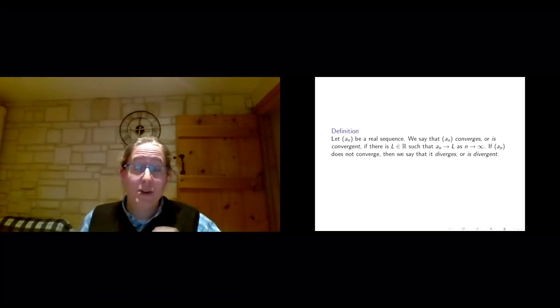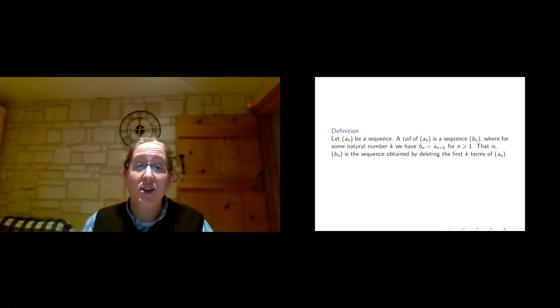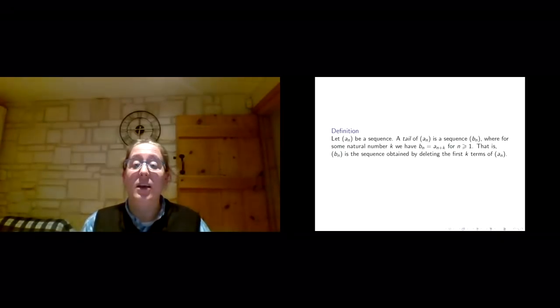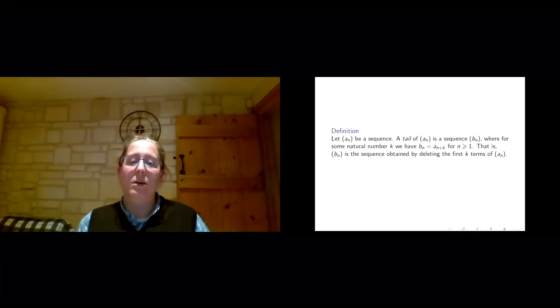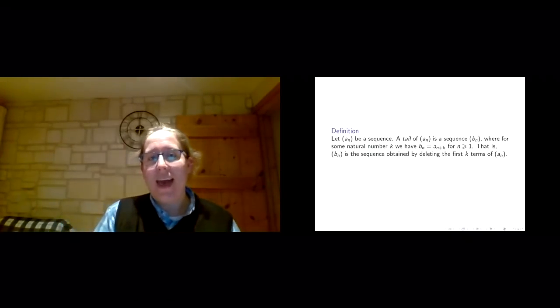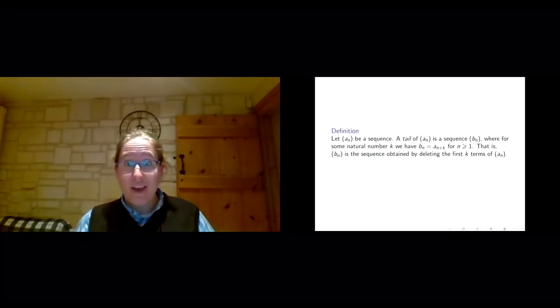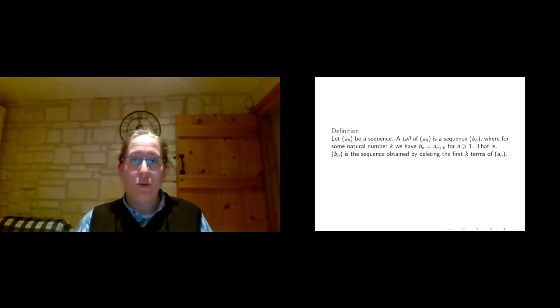And to do that, we're going to have a result, but first we're going to have a definition. And this is a definition of a tail of a sequence. So let (A_n) be a sequence. A tail of the sequence (A_n) is a sequence (B_n), where for some natural number k, we have B_n is equal to A_{n+k} for n greater than or equal to 1.